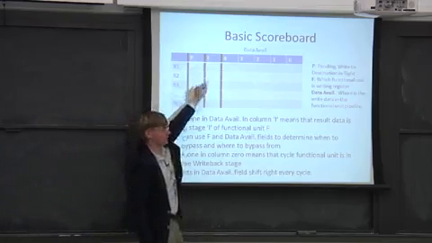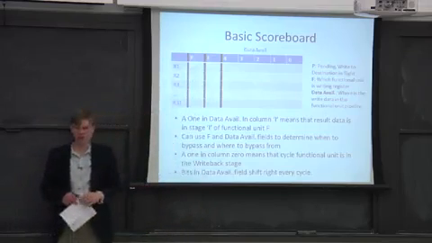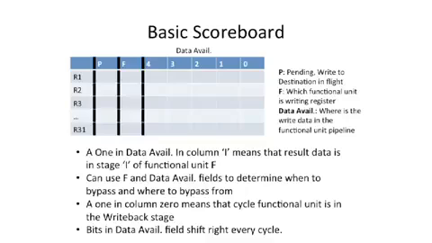So P is one bit which says if there's a write pending to that register. F, or functional unit, keeps track of which of the 3 functional units we should be going to pick off the value from. So this is important when we go to do the bypass calculation.